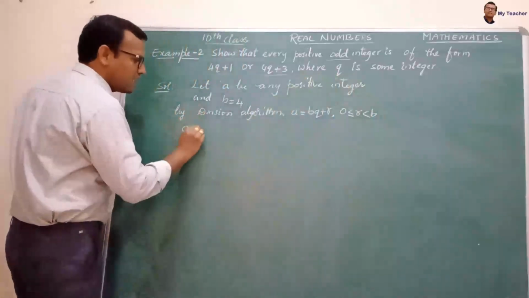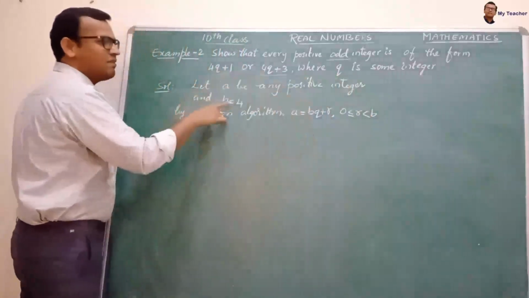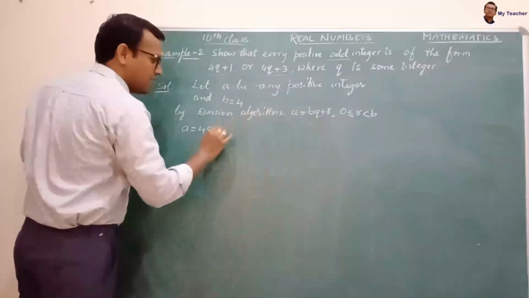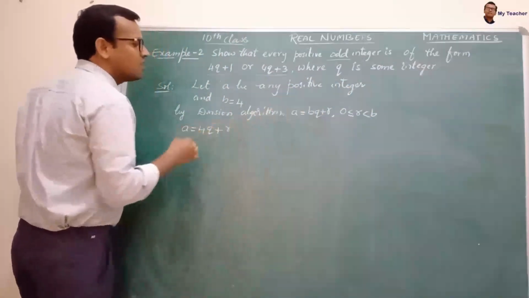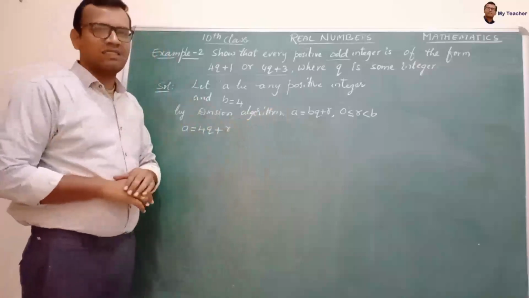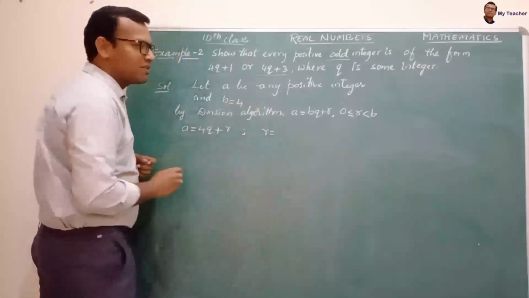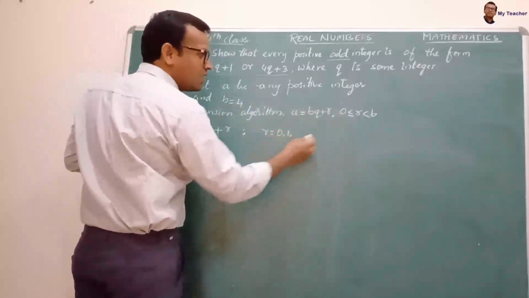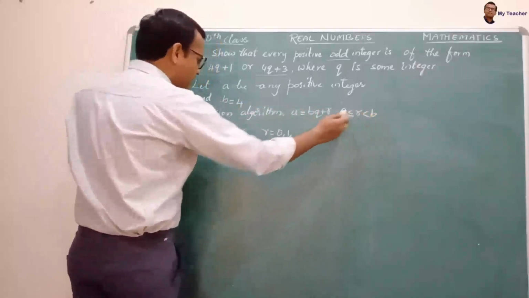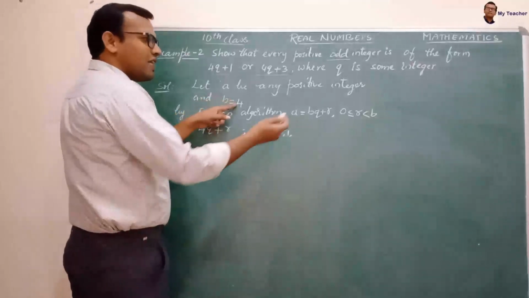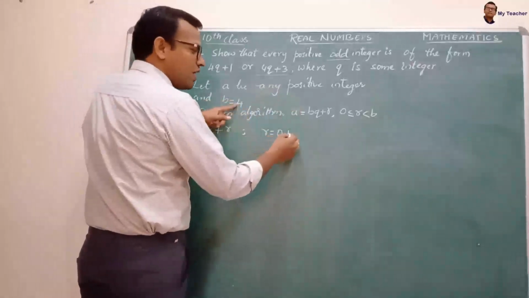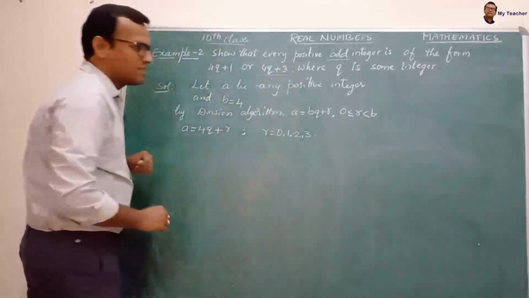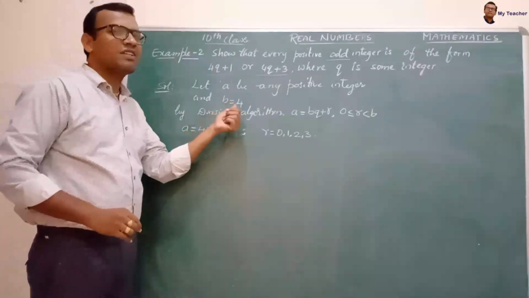So a is equal to, what is the value of b? Yes, 4q plus r. What are the values of r? The possible r values start from 0, 1. It should be less than b. What is b value? 4. So less than 4: 0, 1, 2 and 3. That's it, because it should be less than 4.